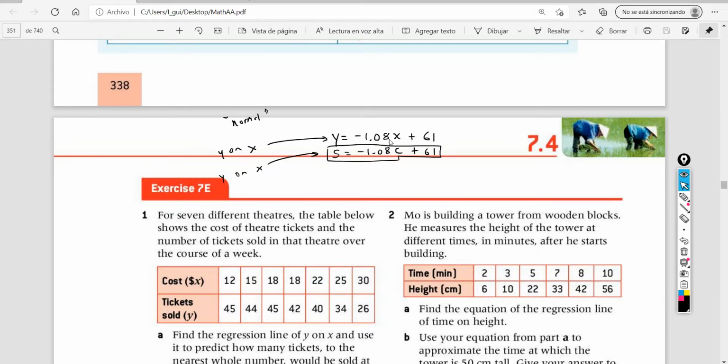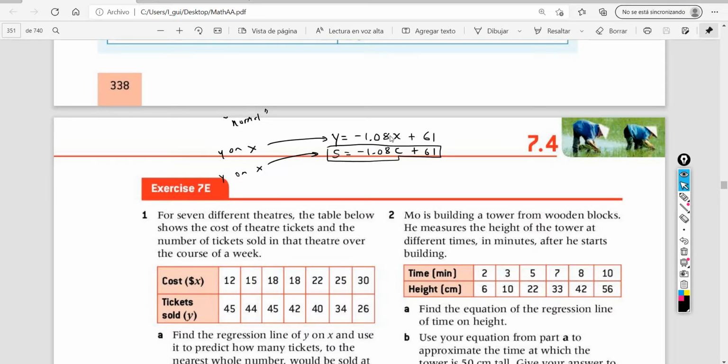Algebraically speaking, I can either put a value to the x and get the value of y, which is how we use this regression line at the moment. But algebraically speaking, we can also do the reverse process, which is inputting a value on y and getting the respective value of x.